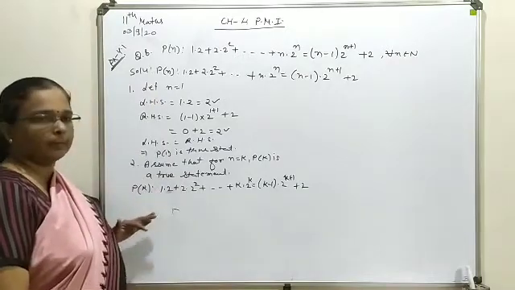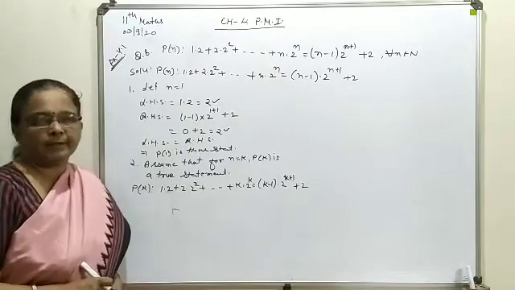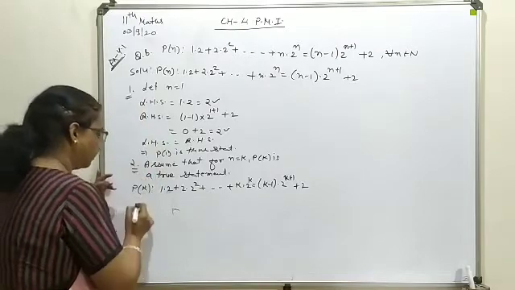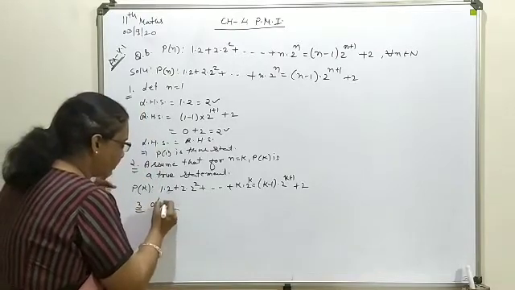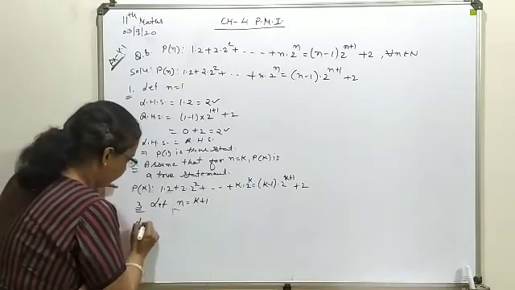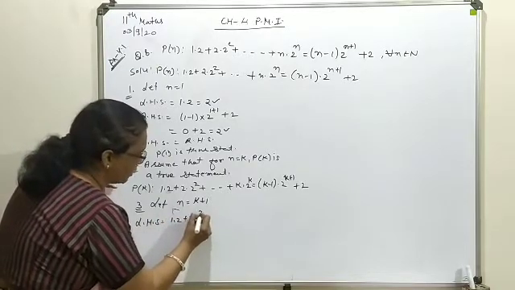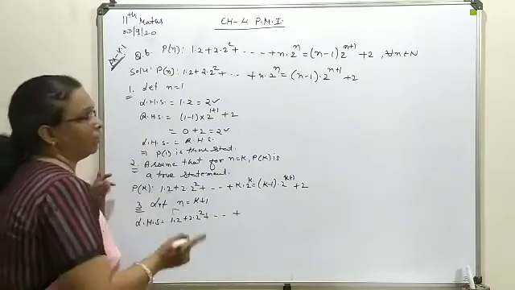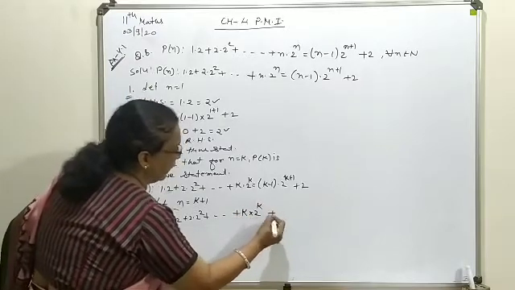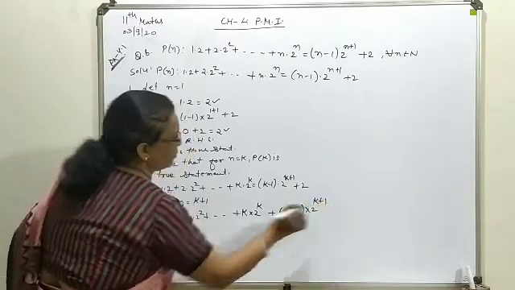Now the last and the main part of this solution is that you have to prove it for n is equal to k plus 1. So your third step is, let n is equal to k plus 1. On the left hand side we take 1 into 2, 2 into 2 square, like that. First we mention the kth term, that is k into 2 power k, and then we introduce the k plus 1 term this way.